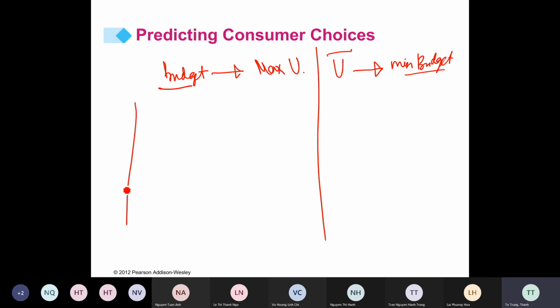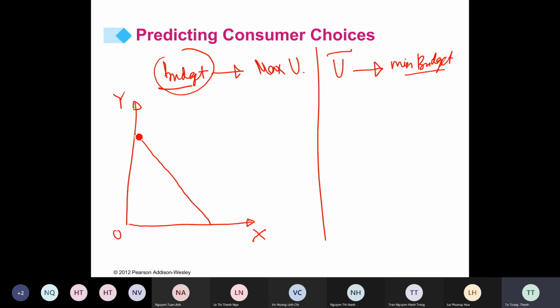So that's why now we have to combine them together. I will use the general formulas for x as a horizontal axis, and y is analogous in the vertical axis. And the budget is illustrated by the straight line, right?